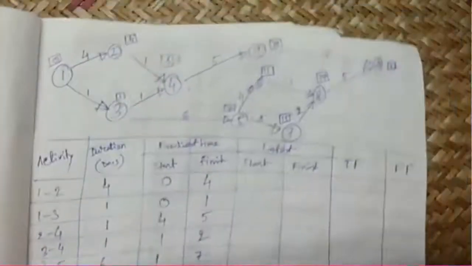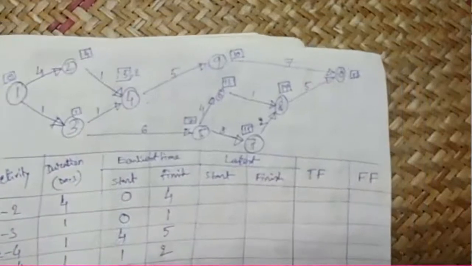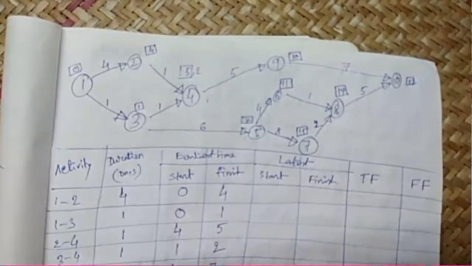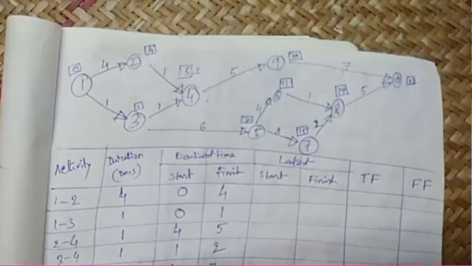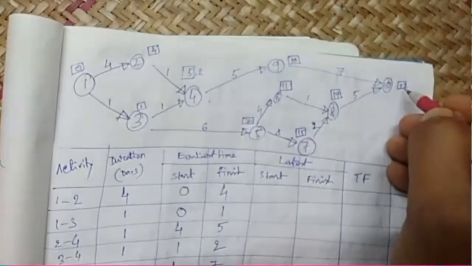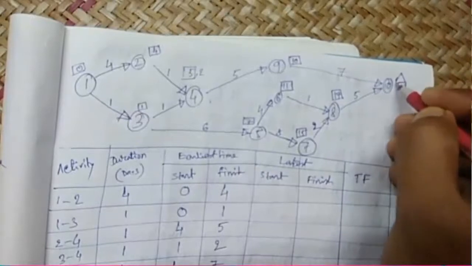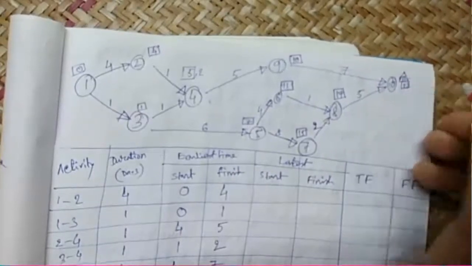We start where the earliest finish is calculated, and that is your latest finish. So we always set earliest finish equal to latest finish. So on the top of this 22 here, we'll draw a triangle and we'll write 22 here also.